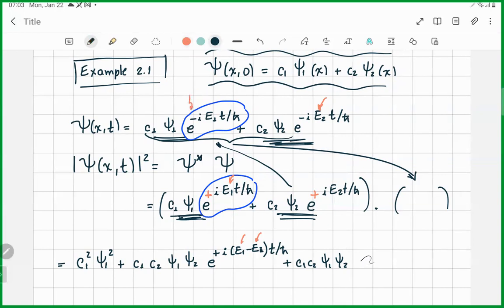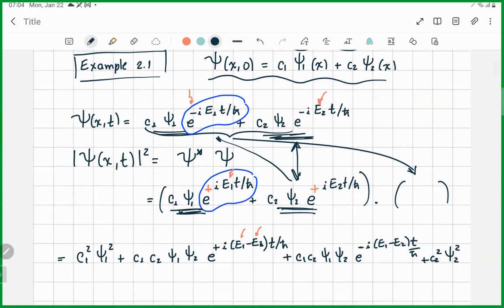So I will put here exponential of minus i (E1 minus E2), and the rest is the same. And then finally the last term: C2 squared and psi2 squared. The exponentials now cancel, it's the same energy, one is plus i and the other one minus i. So that's it.